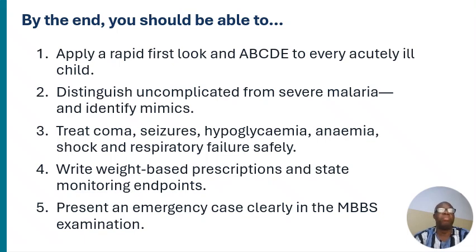Third, you should manage the common immediate threats, namely coma, seizure, hypoglycemia, severe anemia, shock, and respiratory failure. Fourth, you should write safe weight-based prescriptions and state what you will monitor. Finally, you should be able to present an emergency case clearly in your examination.